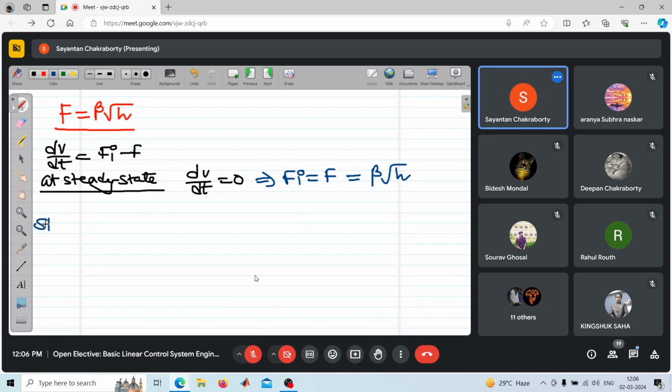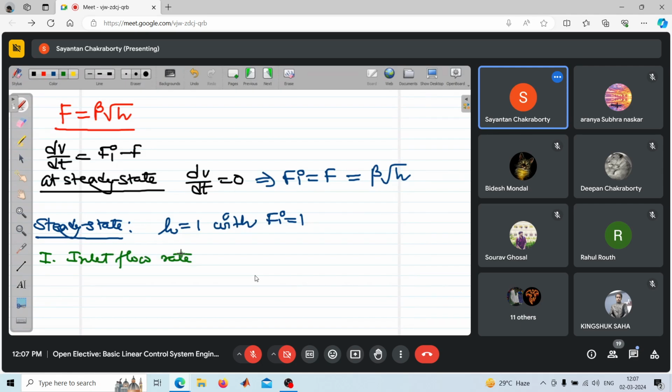Say we have achieved a steady state where we have H equal to 1 with Fi being equal to 1. Now, let us see if the inlet flow rate undergoes a step change.